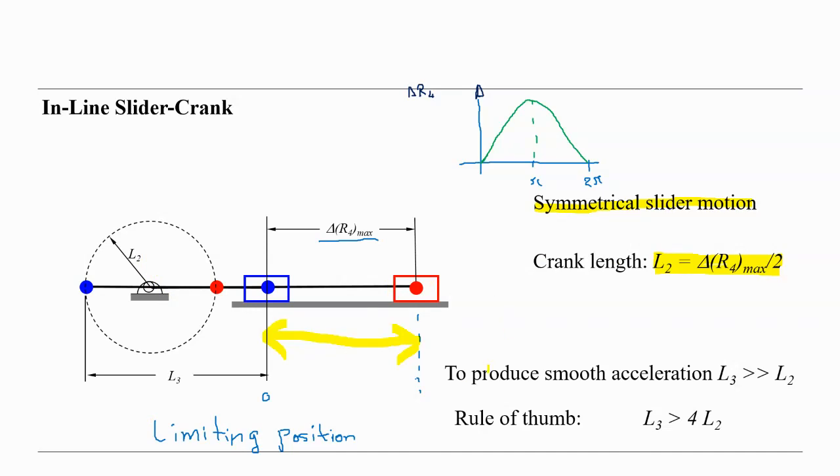Okay. On the other hand, we know that to produce smooth acceleration, the piston is moving between two limits here. Here is limit 1, and this is limit 2, the maximum limit.